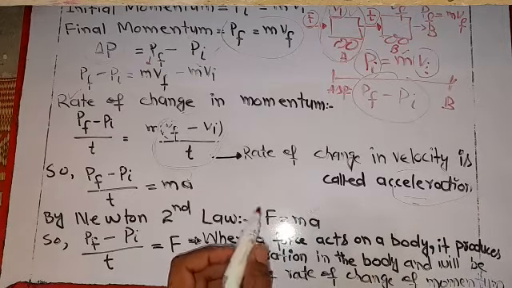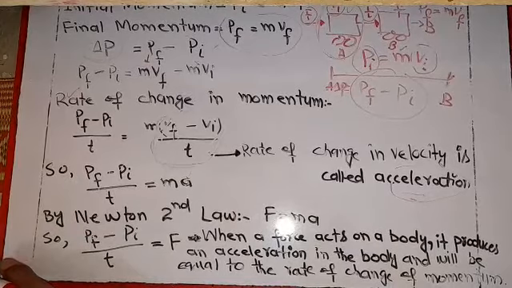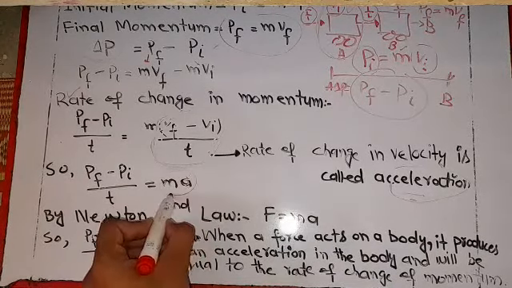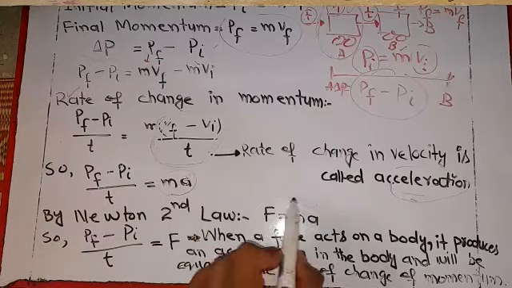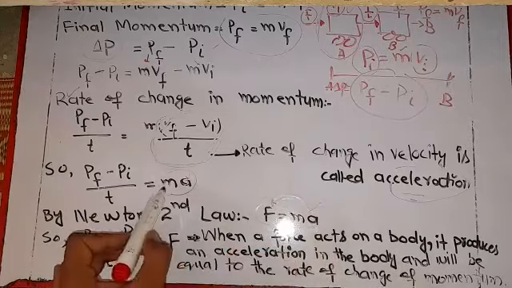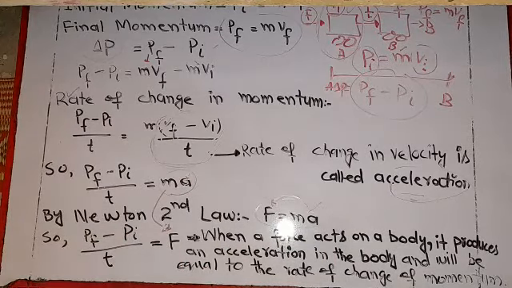So we replace ma with the force F. This is the equation: Pf minus Pi over t is equal to F.